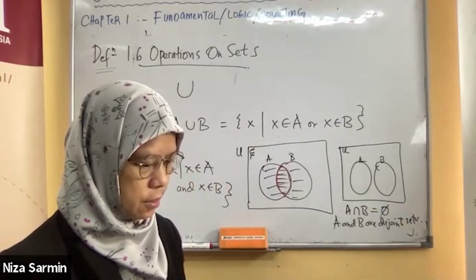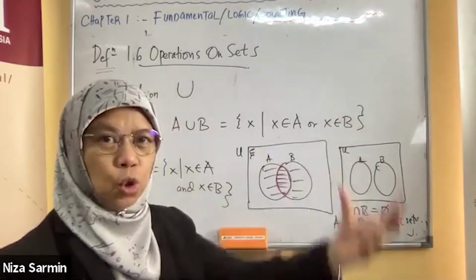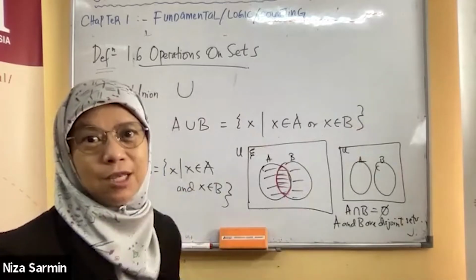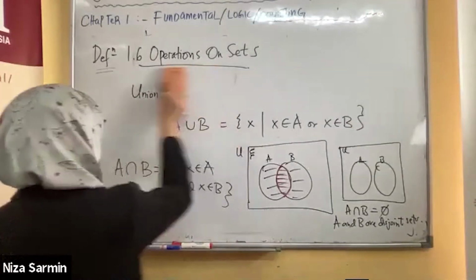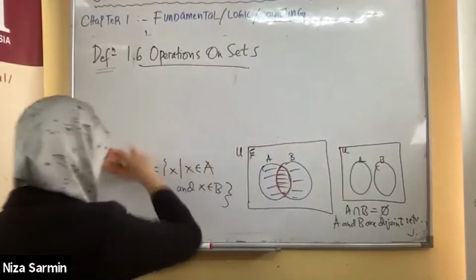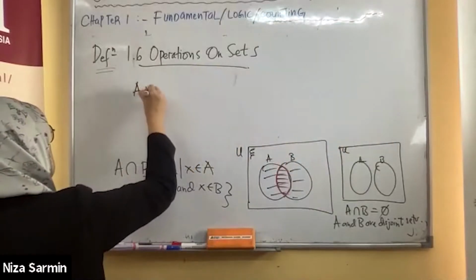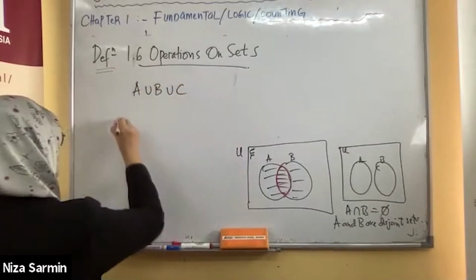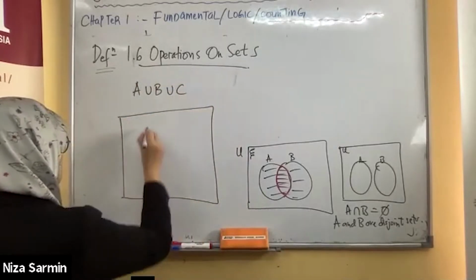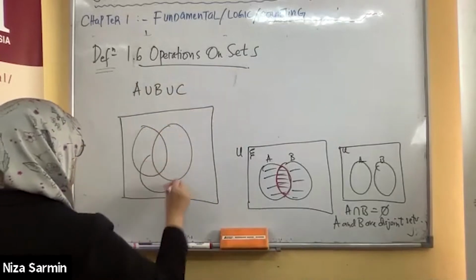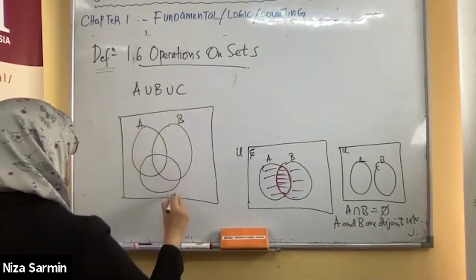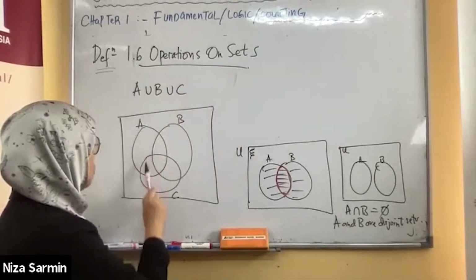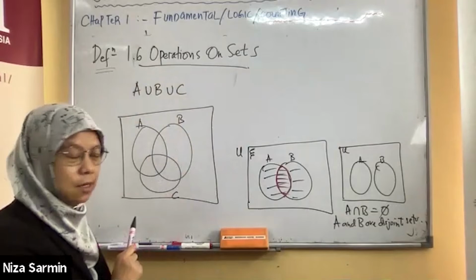All right. If you have so many unions, you can just put a big union symbol. So many intersections, you can put the big intersection symbol. So if you have three, A union B union C, if you draw, the union will be all inside the circles, right?